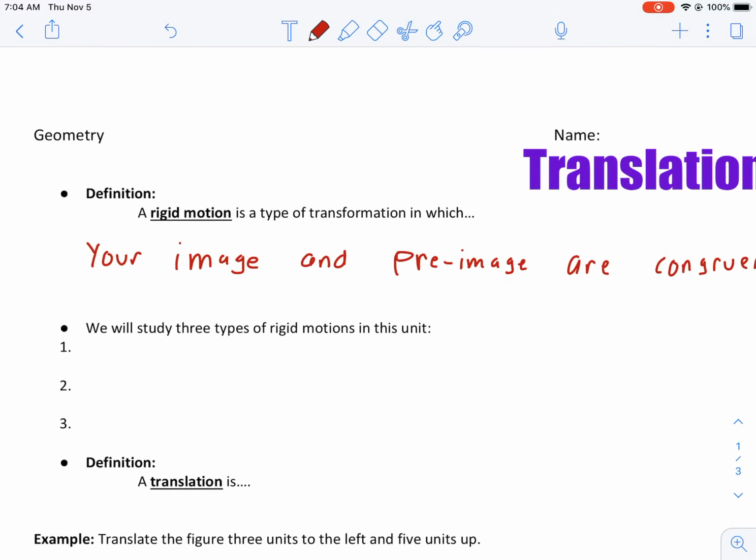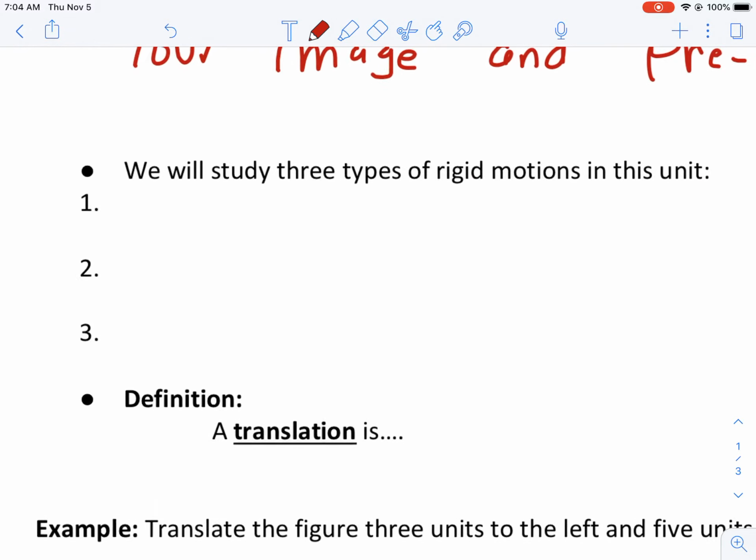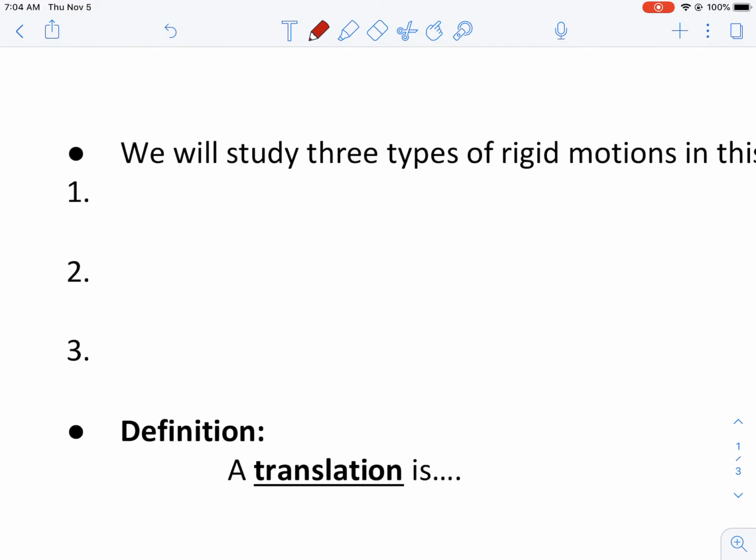Okay, so we talked about the image and the pre-image. The image is what you have after you do your transformation, and then obviously the pre-image is what you originally have. So we're going to study three types of rigid motions in this unit. All right, obviously the first one that we're going to study is a translation.